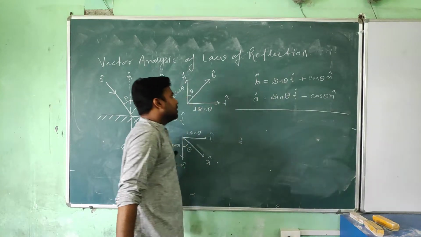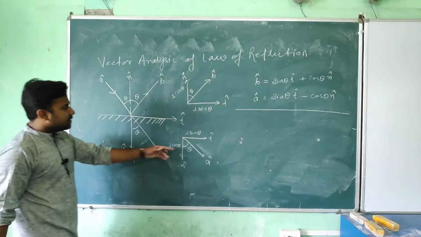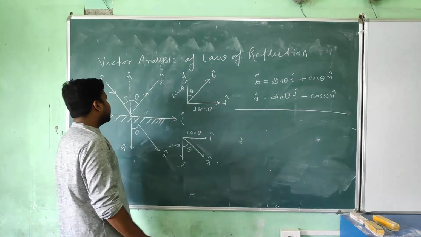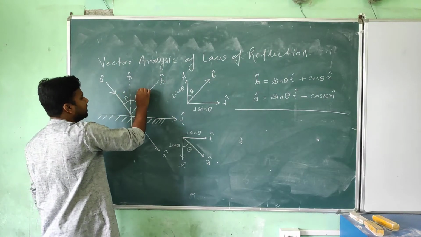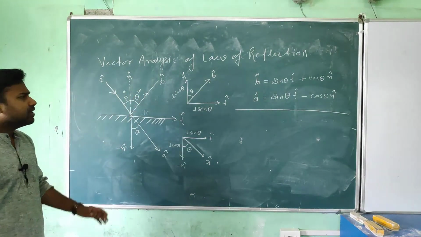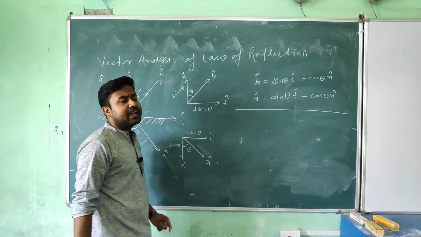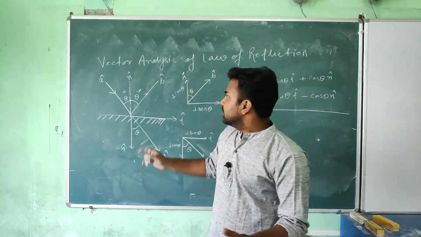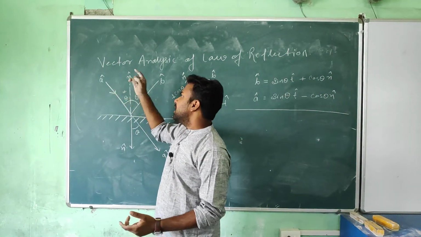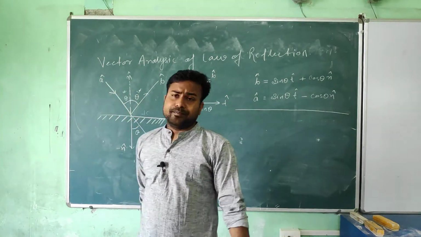Okay student, now look at this here, theta and T both are unknown. What's our motto here student? We want to calculate B cap using A cap and N cap.